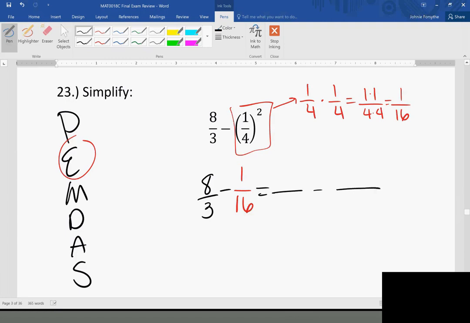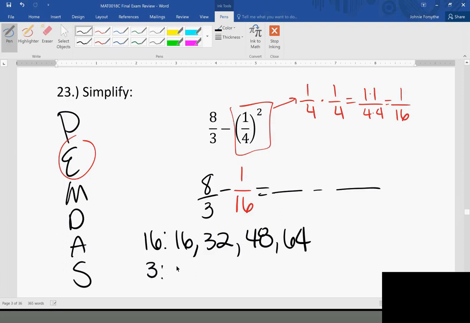So I have 3 and 16. Let's see here. So let me think of multiples of 16. So I have 16. 16 times 2 is 32. 16 times 3, 48. And 16 times 4 is 64.